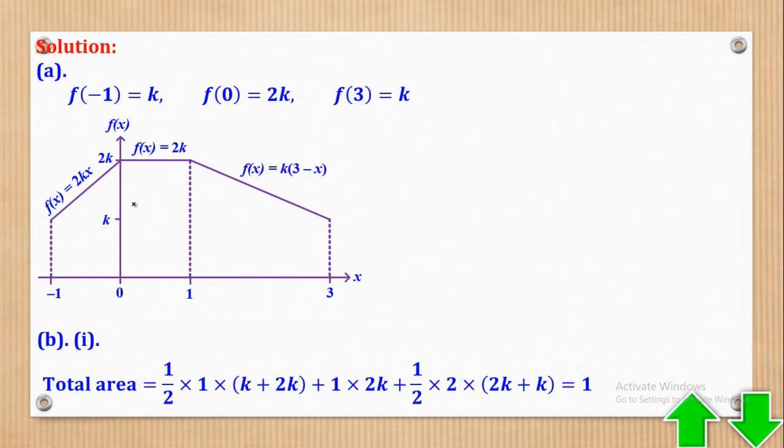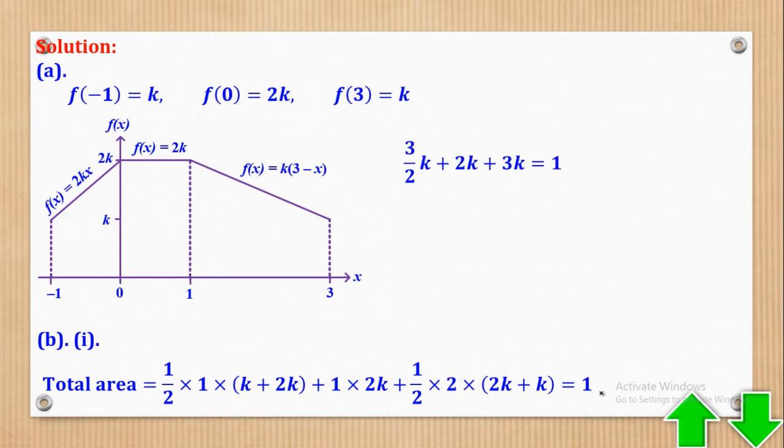Then for the rectangle, the length is 1 and width is 2k, so it will be 1 times 2k. Then for this trapezium, the height is 2, a is k, b is 2k, so it will be a half times 2 times in brackets 2k plus k. Now all that area must be equal to 1.